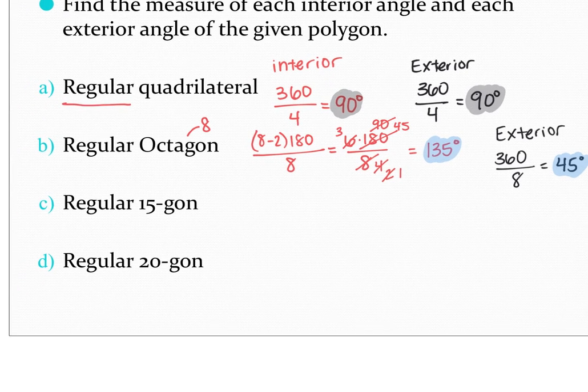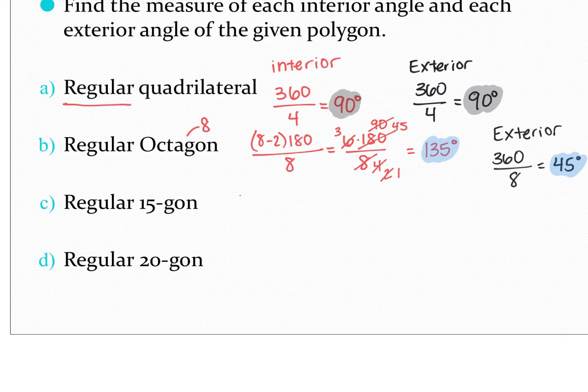What about a regular 15-gon? It's 15 minus 2 times 180 over 15. This is going to be 13 times 180 over 15.